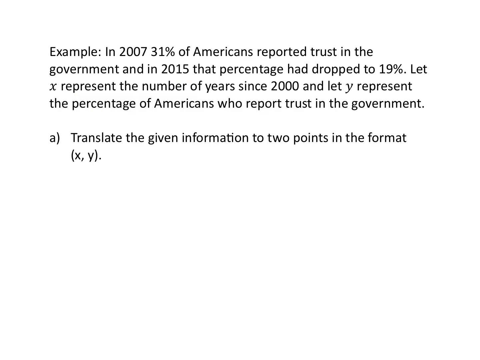In 2007, 31% of Americans reported trust in the government, and in 2015, that percentage had dropped to 19%. If we let X represent the number of years since 2000 and let Y represent the percentage of Americans who report trust in the government, translate the given information to 2 points in the format X comma Y. So X is going to be years since 2000.